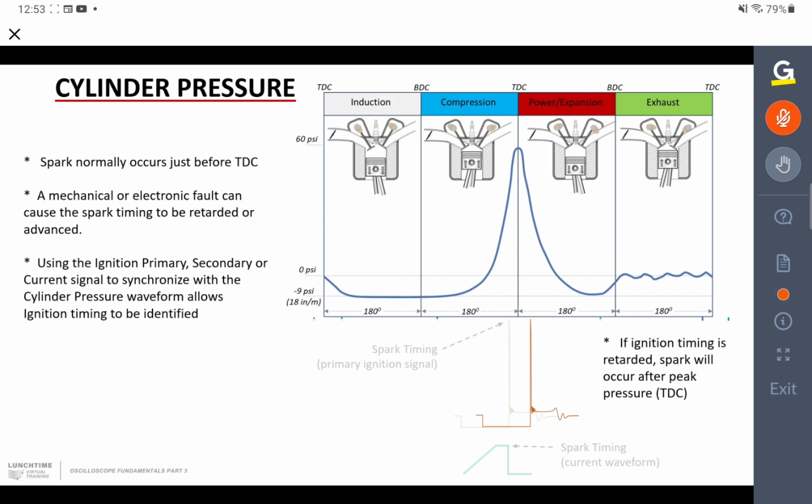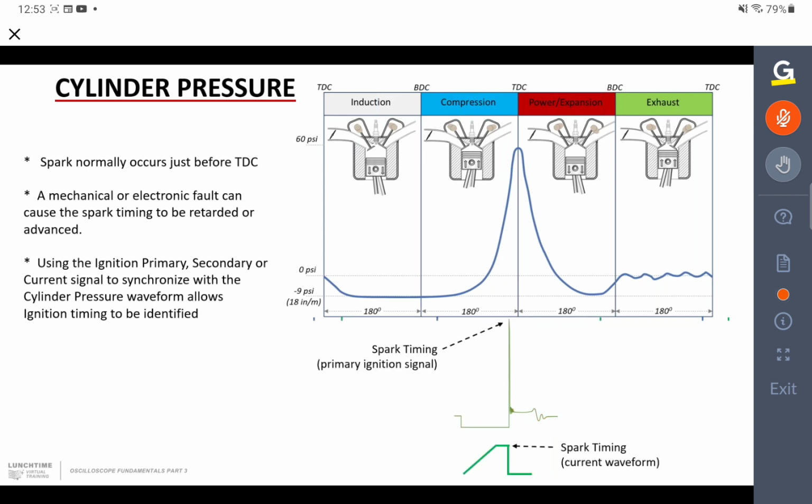Now, it's not a desperately common problem, but we do get problems where the timing reference signal is obviously on the crankshaft, can be on the front pulley, and sometimes you get front pulleys where the keyway breaks. For whatever reason, the front pulley is incorrectly set on the crankshaft.